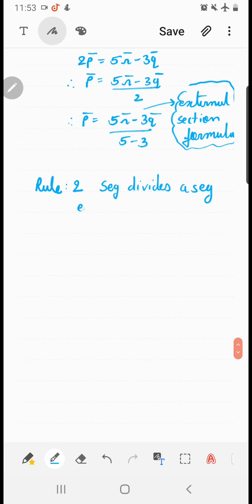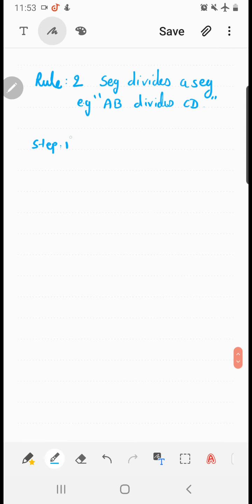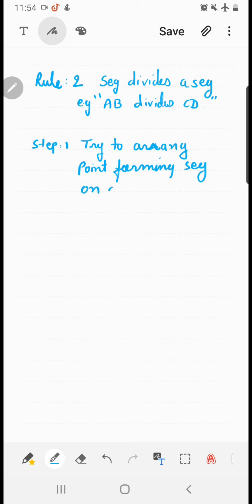So let's take an example, something like this. They will give you AB divides CD. Something like this you'll find in the exam. Now in this also we follow 2 steps. In step number 1, try to arrange the points forming the segment on one side.